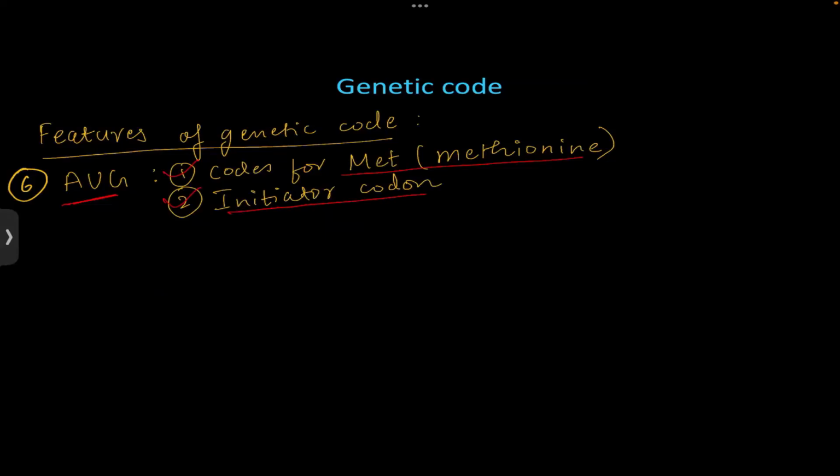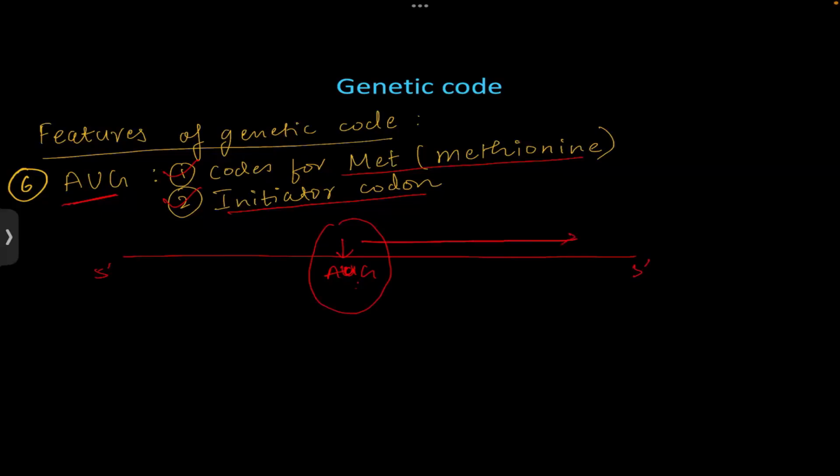Initiator codon means wherever this AUG sequence is in the mRNA, if this is an mRNA strand and AUG is here, and upstream, towards the 5' direction, there is no other AUG, then protein synthesis will start here where the AUG is located, and it will continue towards the 3' direction.